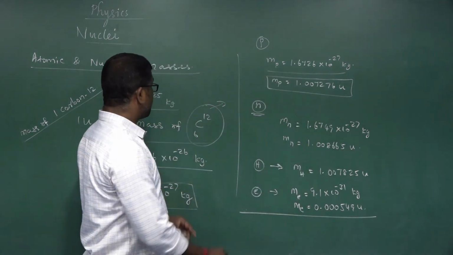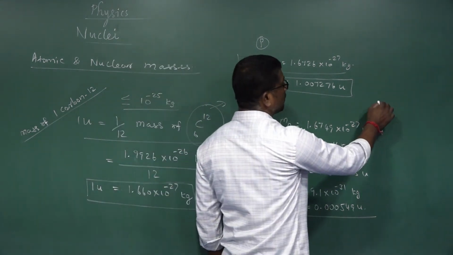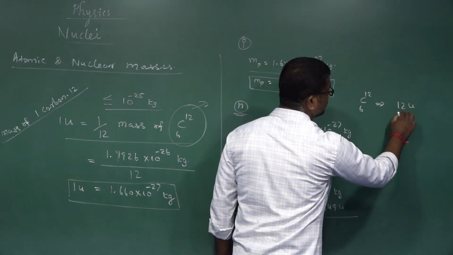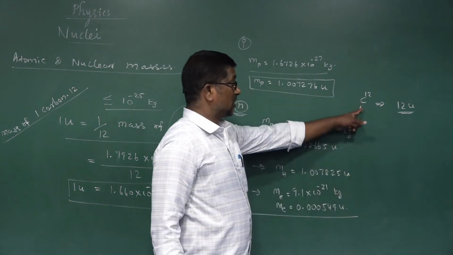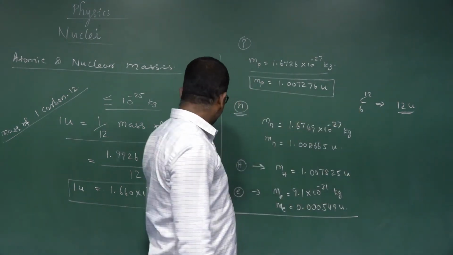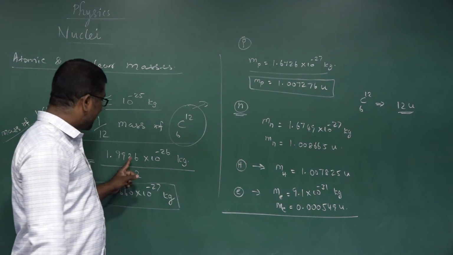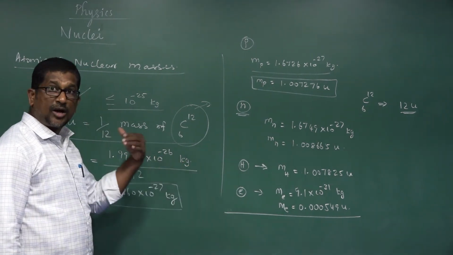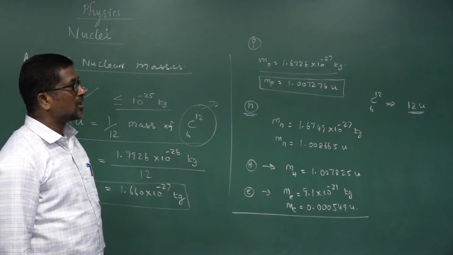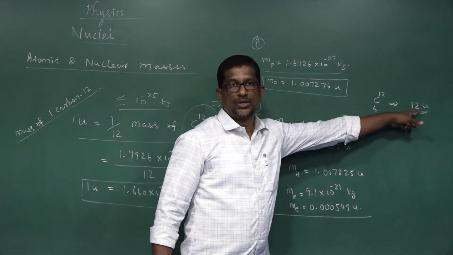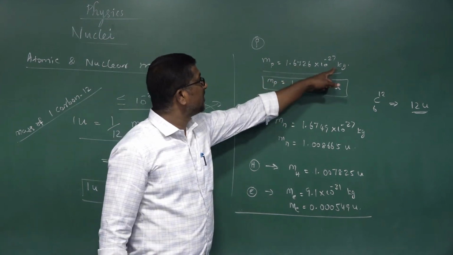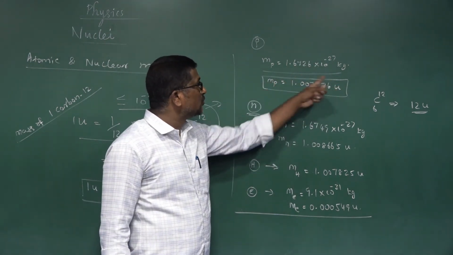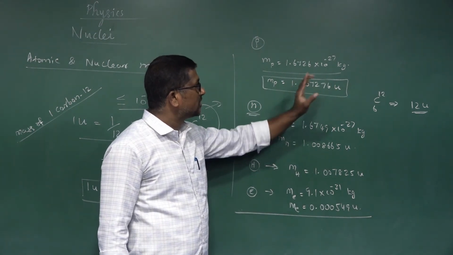So mass of carbon-12 atom is 12 u. Mass of a single carbon-12 atom is 1.9926 into 10 power minus 26 kg in kilogram. In atomic mass unit, it is 12 u. Mass of proton is 1.6726 into 10 power minus 27 kg, in atomic mass unit 1.007276.